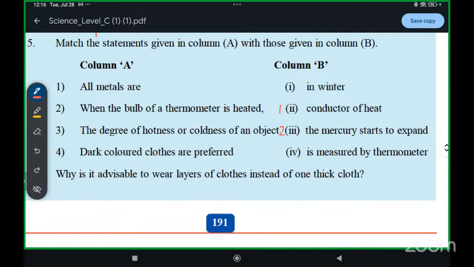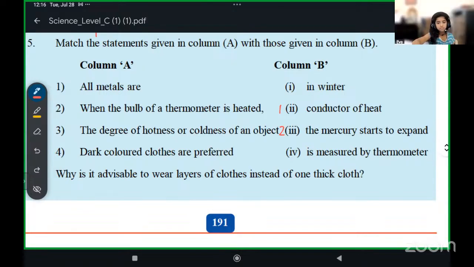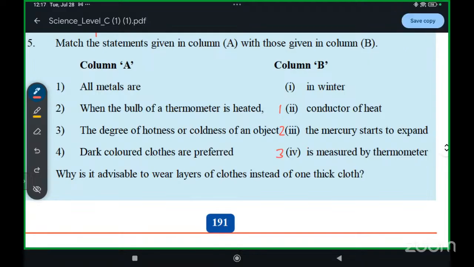The degree of hotness or coldness of an object, the third one, is measured by thermometer. Yes, it's measured by thermometer.